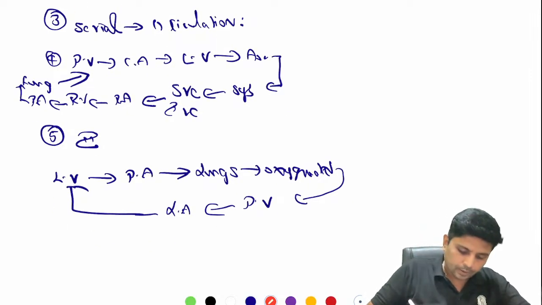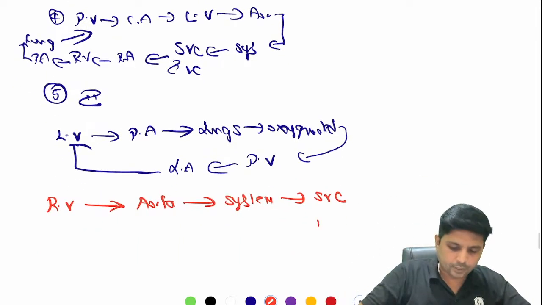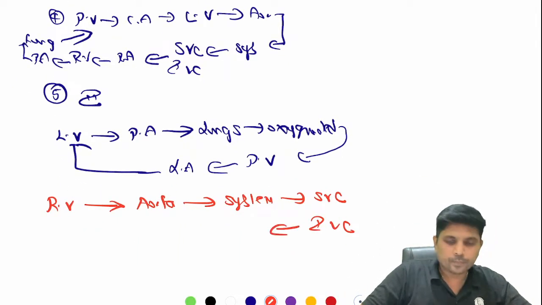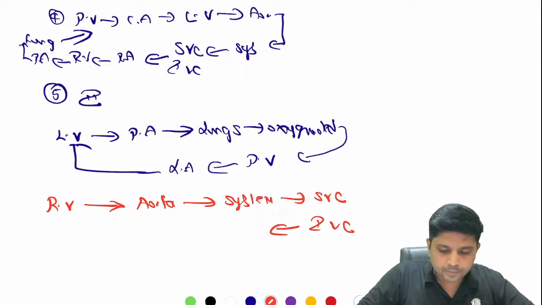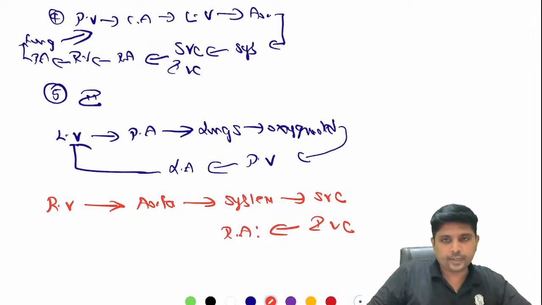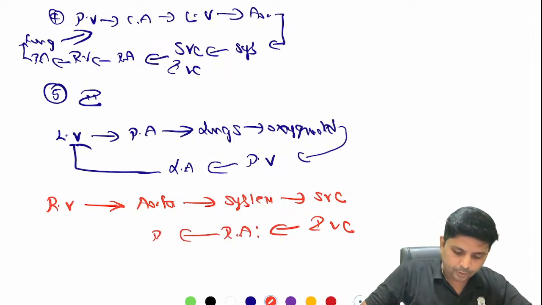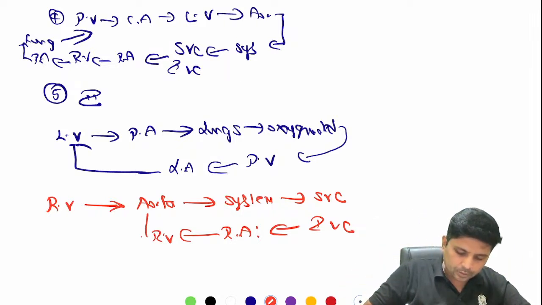Whereas from the right ventricle, it goes to aorta, to the systemic blood supply, and from SVC and IVC again drains into right atrium, again right ventricle, very impure blood, and then this aorta.